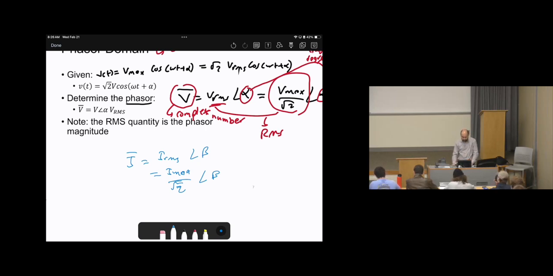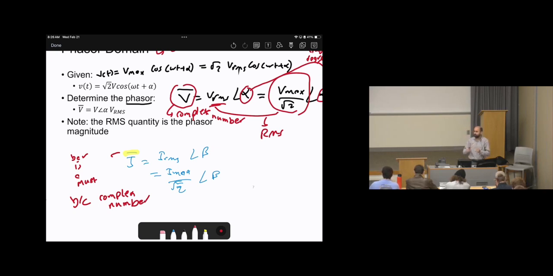That's how we convert everything. And keep in mind, you must use bar. Bar is a must because it is a complex number. Okay?